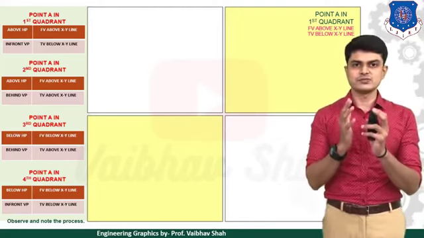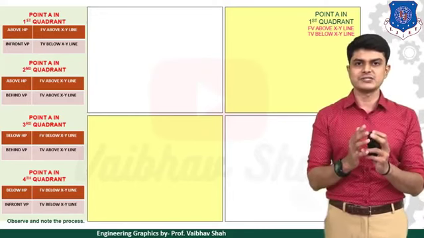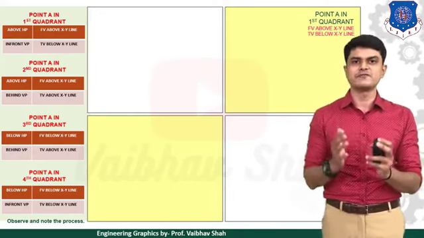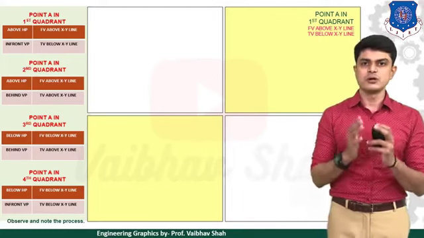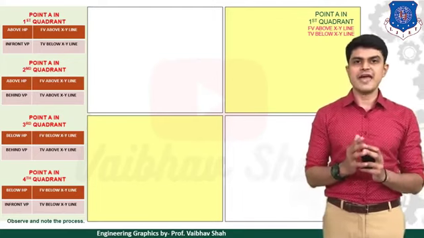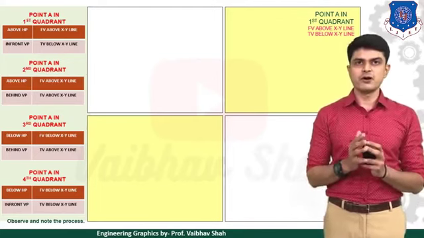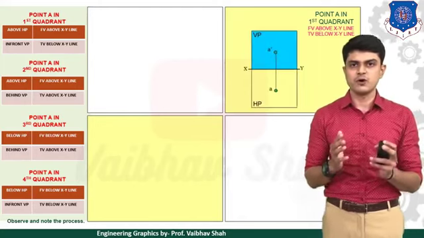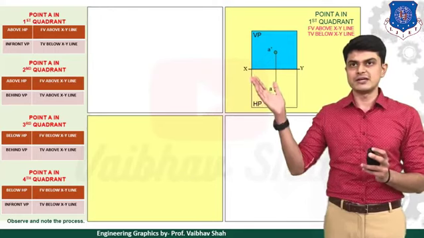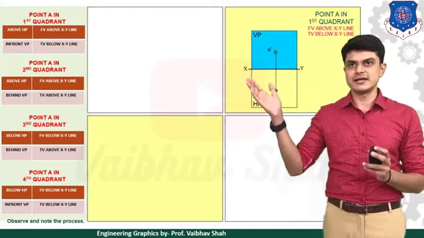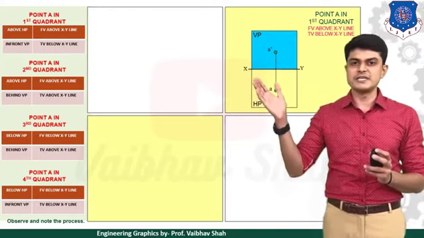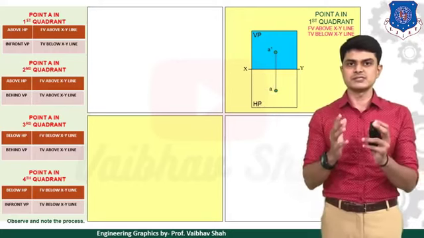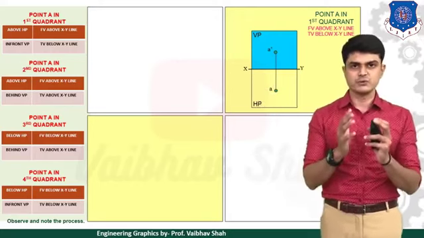That is the task asked in your examination, and you need to draw just this final figure in order to describe the orthographic projection of any point. For point A in first quadrant, we know that on the left hand side table it is written that the point must be above HP and in front of VP. So this is the location of a point in first quadrant.